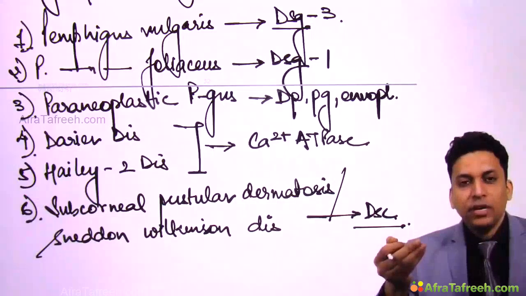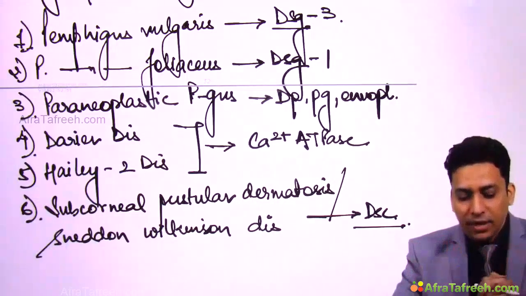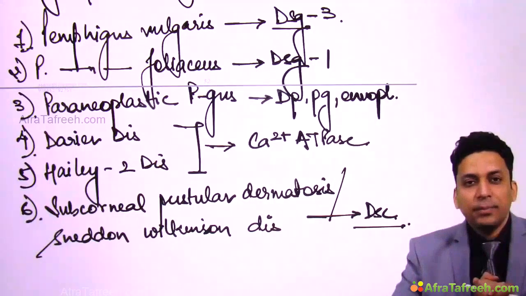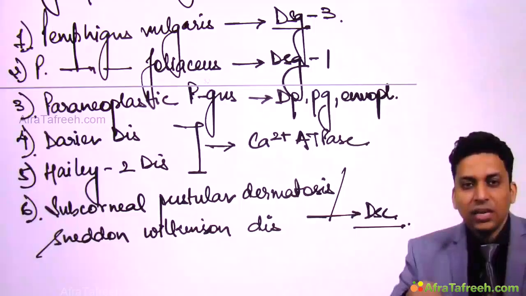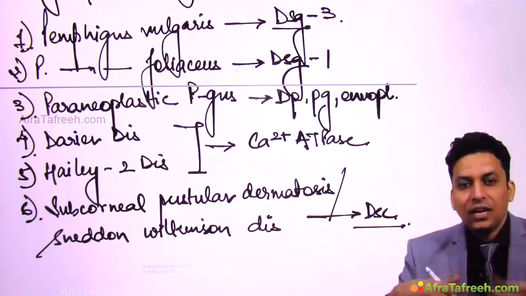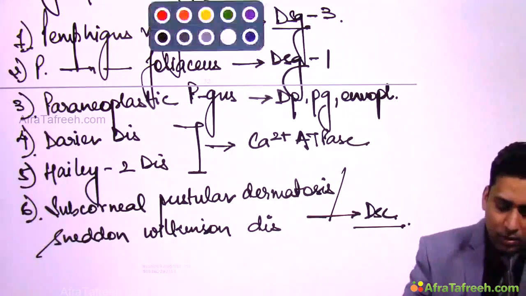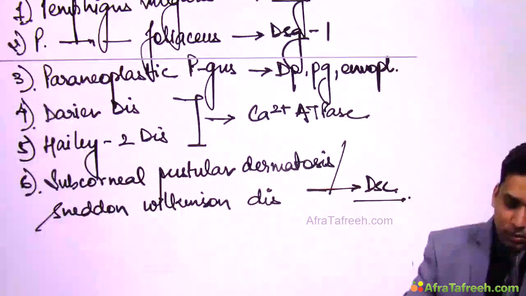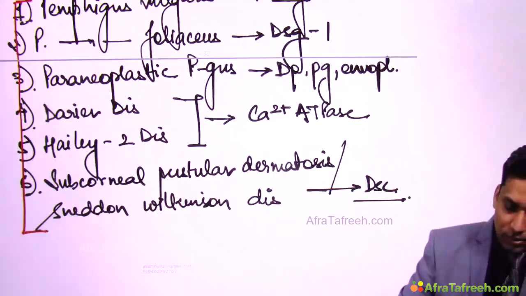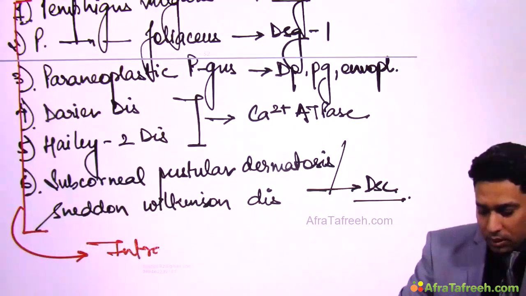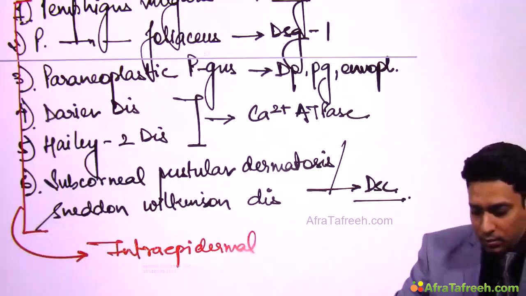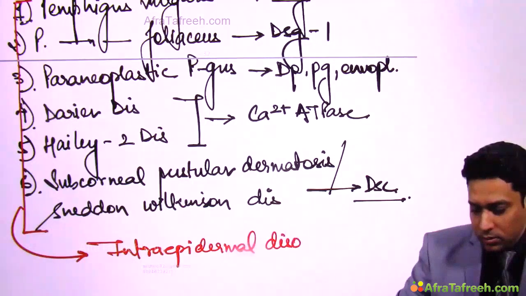So what happens when they become defective? The keratinocytes start separating, and because the keratinocytes are separating, the separation is within the epidermis. So all these are which type of disorders? All these are intraepidermal disorders.